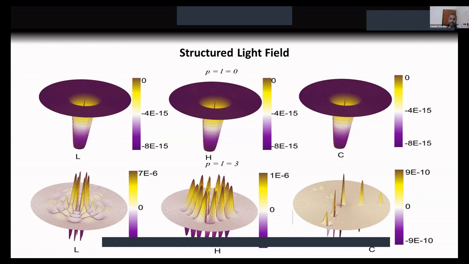So we can see how the trapping forces change in case of different laser modes. If we have a particular spatial light pattern, that can greatly enhance the stability of the trap as well as its capability of trapping small particles.